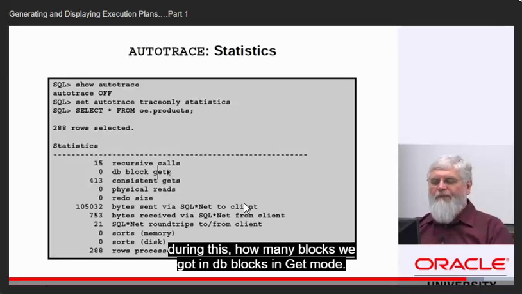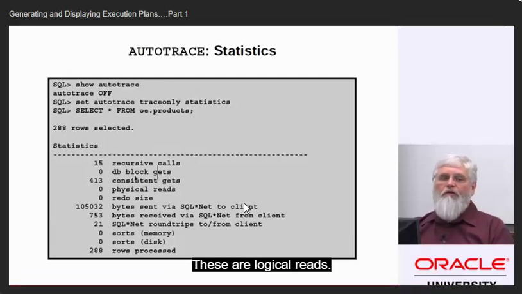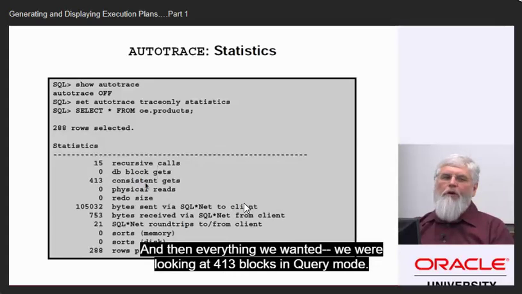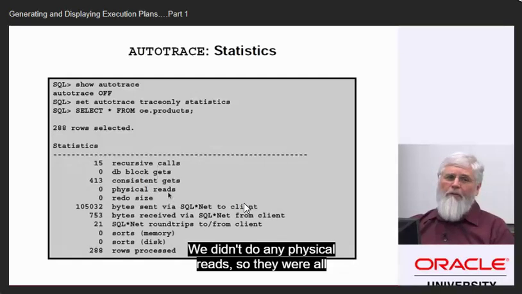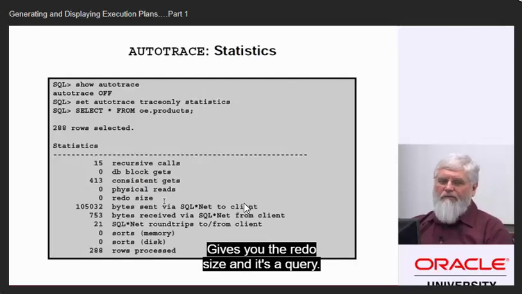Everything we wanted, we were looking at 413 blocks in query mode. We didn't do any physical reads, so they were all buffered in the database buffer cache. We didn't have to read them off the disk. It gives you the redo size, and because we're just selecting star from the OEM products, we're not really doing any changes, so we don't expect any redo.